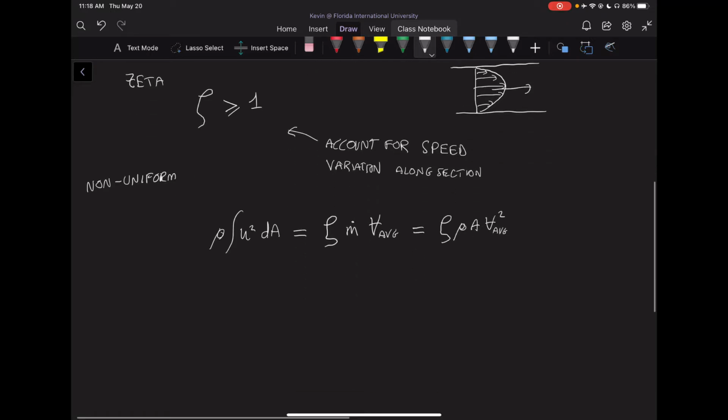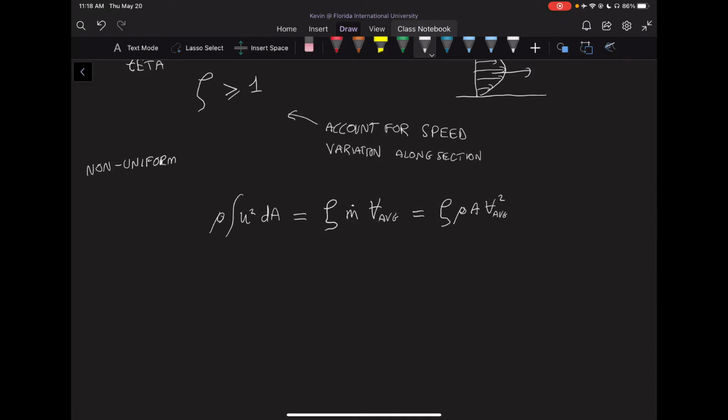And experimentally, we can find that for laminar flows, so if we remember what we had defined as laminar flow, it's sort of low speed flow with a very structured flow. Okay, laminar flow is usually structured. For laminar flow, we can say that zeta is usually equal to 4/3.